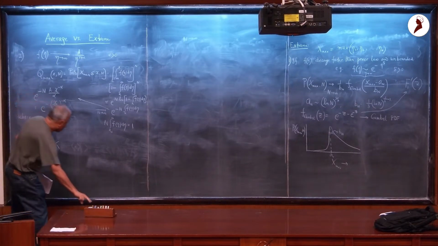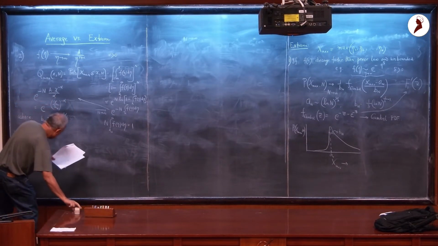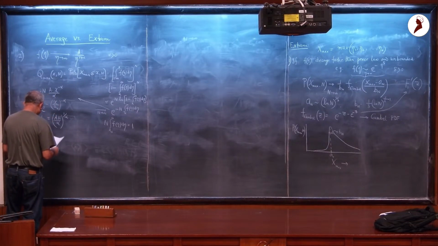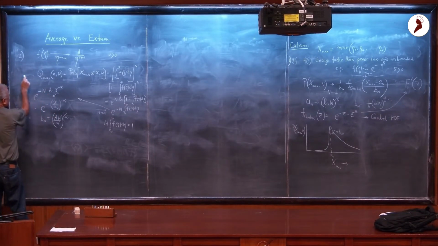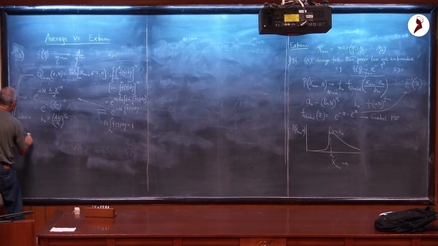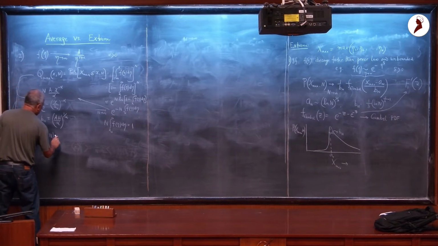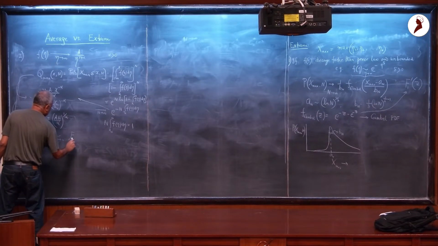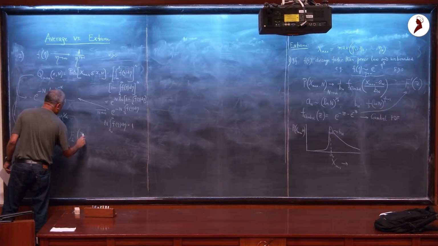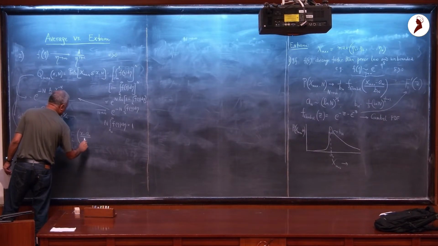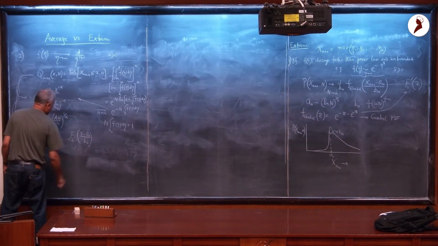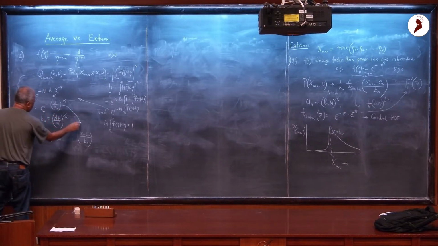Okay? So therefore, what you see is that again this object, the cumulative distribution of x max, I can write in a scaling form in the large n limit. Call it f2. How is this of this type?